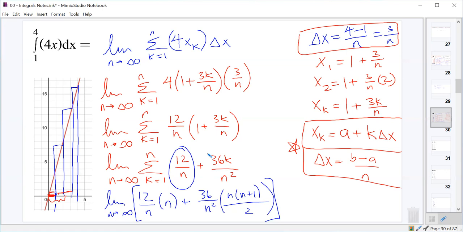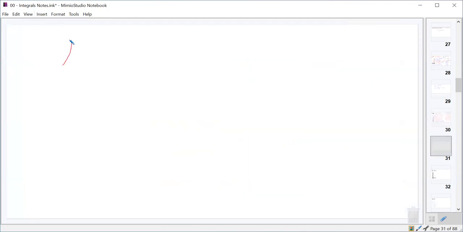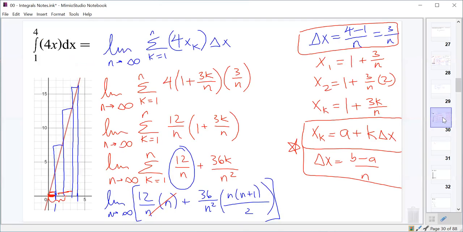We should immediately be able to see that in the first part of this, the n over the n is going to cancel out. And then on the other side, we're going to have just a nice little rational function again. So we're going to have a limit as n approaches infinity of 12 plus 36 times n plus 1.